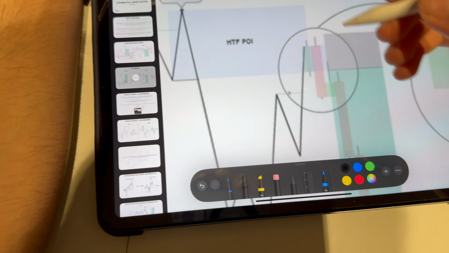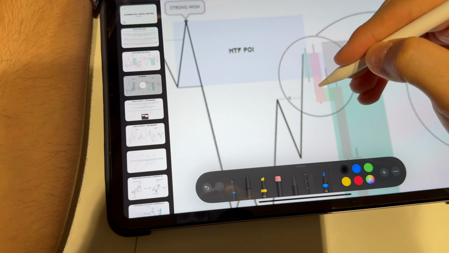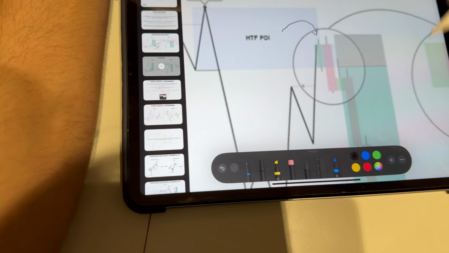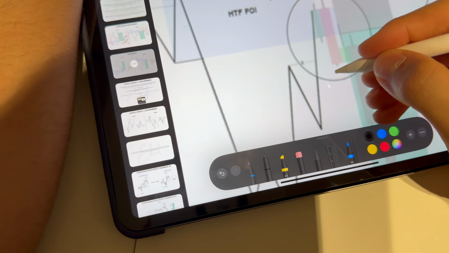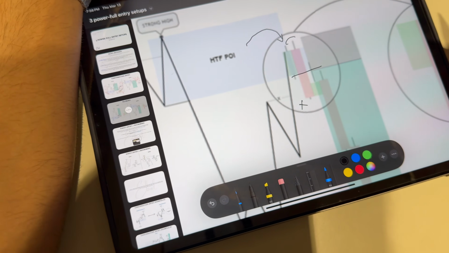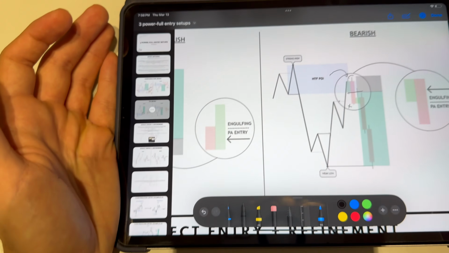So once price taps into the high time frame POI after a bullish candle, the first powerful bearish candle, which shows the retracement and the reaction from this high time frame POI, is going to be the engulfing candle. After this closes here, you can enter at this area, put the stop loss above, and target your external liquidity or any target that you have in mind. So this is the engulfing candle.